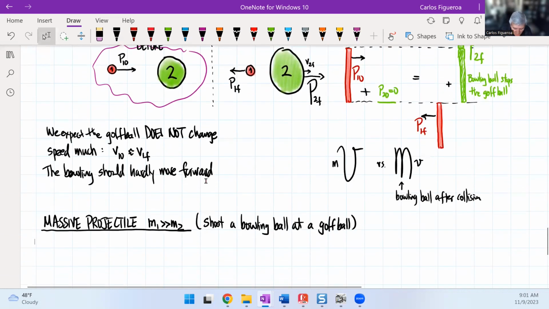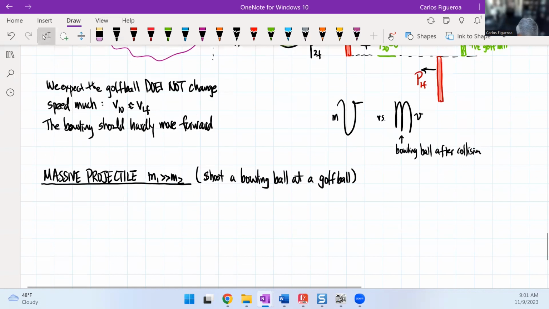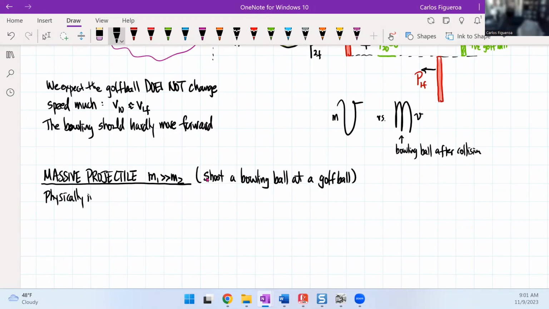So now let's go physically interpret the same thing. What do we expect when we physically interpret what's going on? Picture-wise, you could imagine that I throw my bowling ball at a stationary golf ball. So when I'm looking at this little guy, compared to this one, we can see that this guy is coming in with some initial momentum like this.